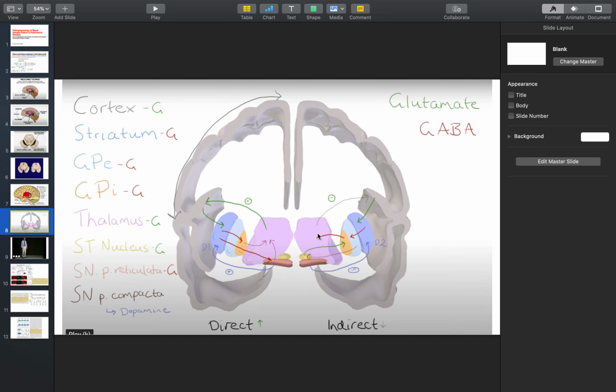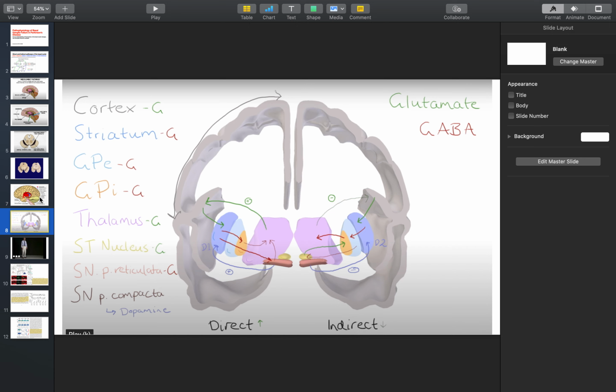So here, D2 is going to inhibit the inhibitor, so it still creates movement, just indirect.